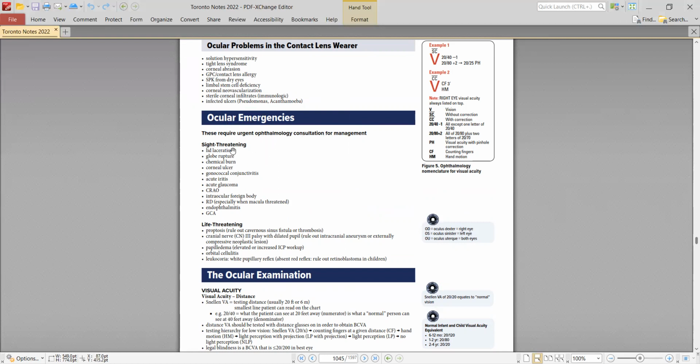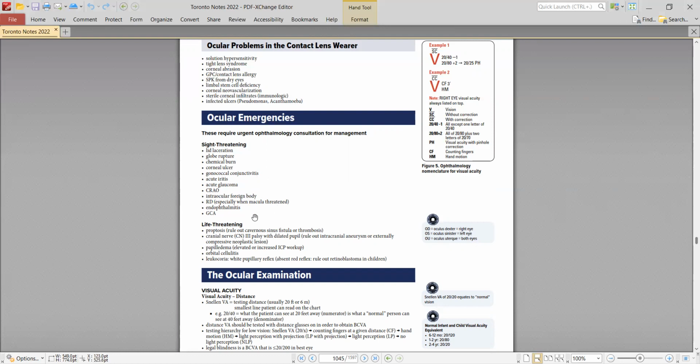These conditions are lid laceration, globe rupture, chemical burn, corneal ulcer, gonococcal conjunctivitis, acute iritis, acute glaucoma, central retinal arterial occlusion, intraocular foreign body, retinal detachment, endophthalmitis, and giant cell arteritis.